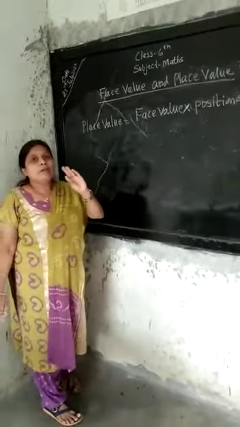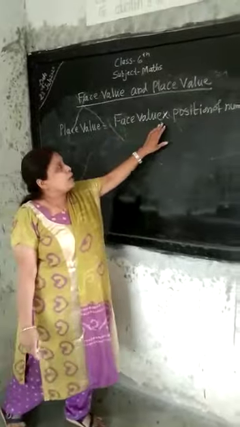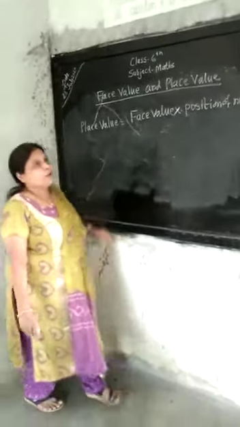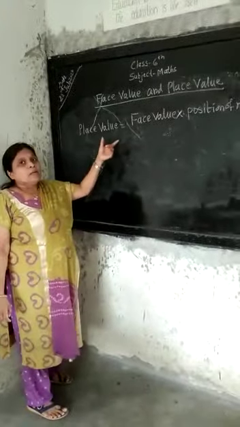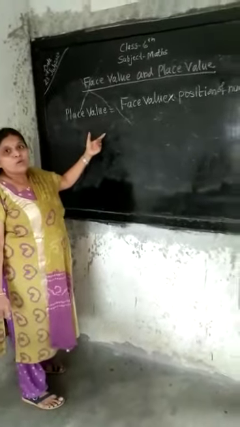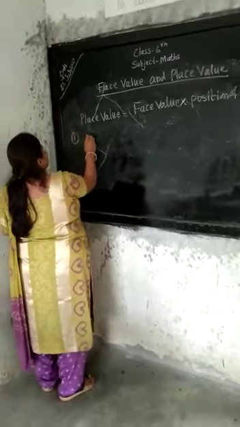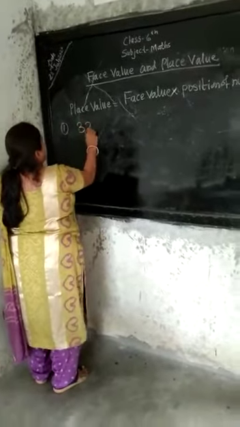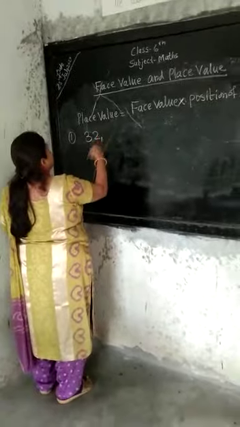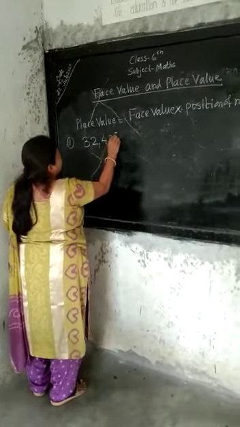There is one formula for finding the place value: face value multiplied by the position of the number. We take one example: 32,425.